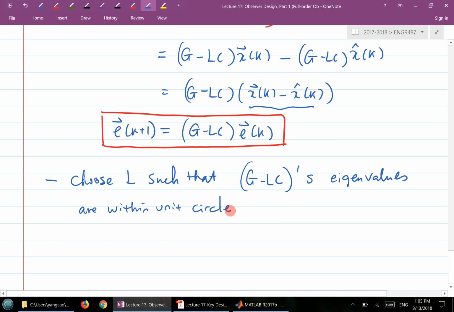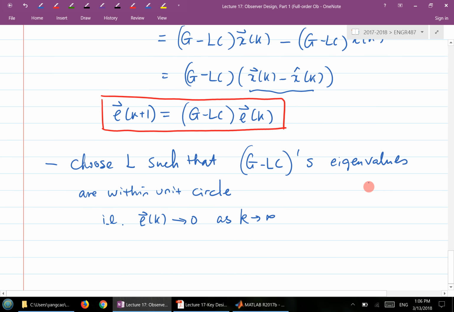If you can achieve this simple objective, then you get e of k going to 0 as k goes to infinity.